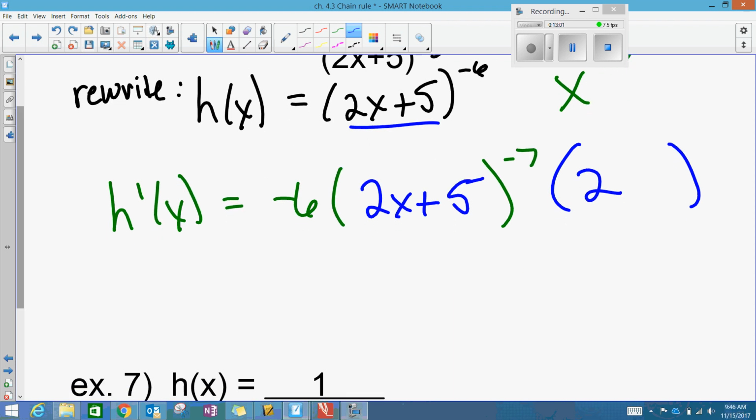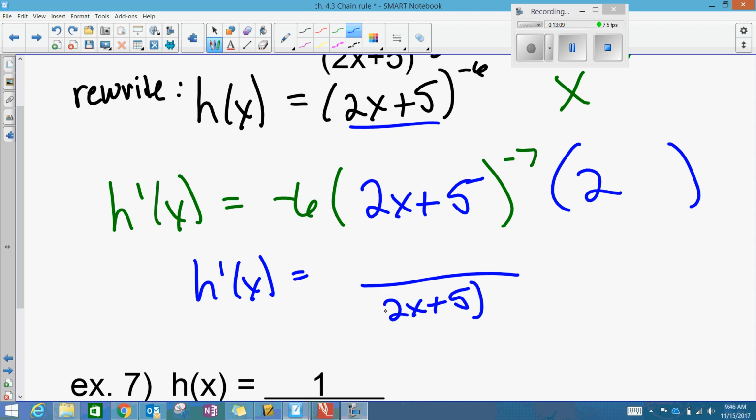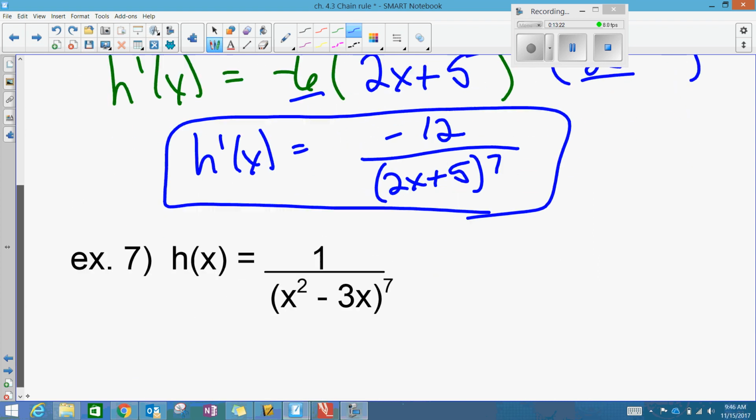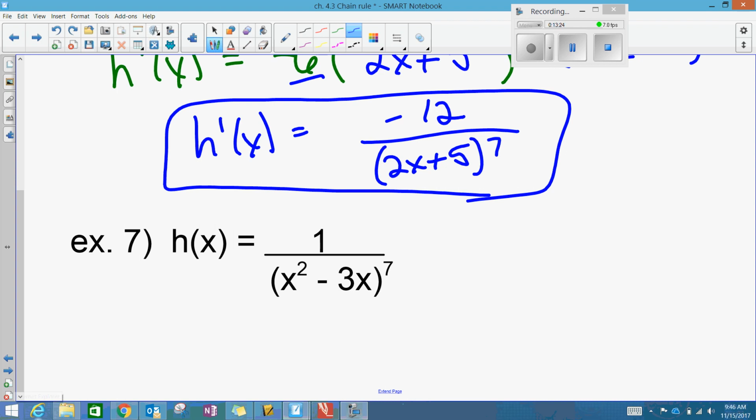So now if we clean that up, the 2x plus 5 to the negative 7 goes down and becomes positive, and I can multiply the negative 6 times 2, and I get negative 12. So negative 12 over 2x plus 5 to the 7. Okay.